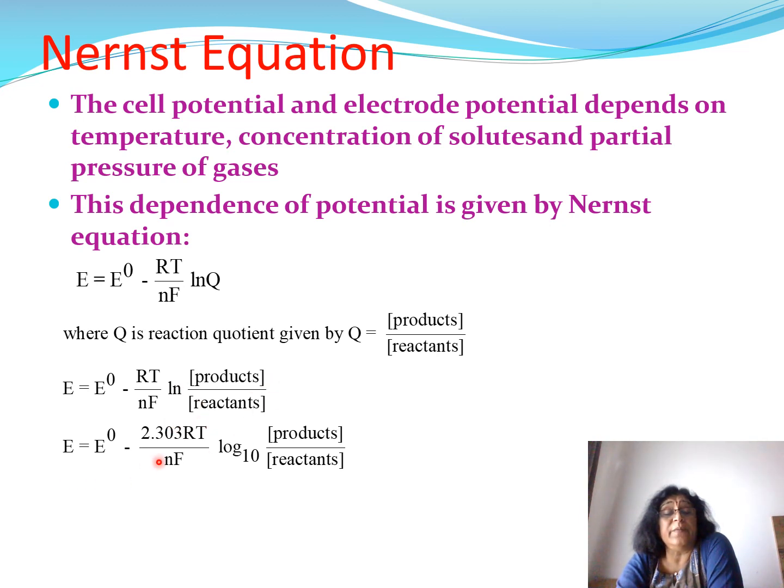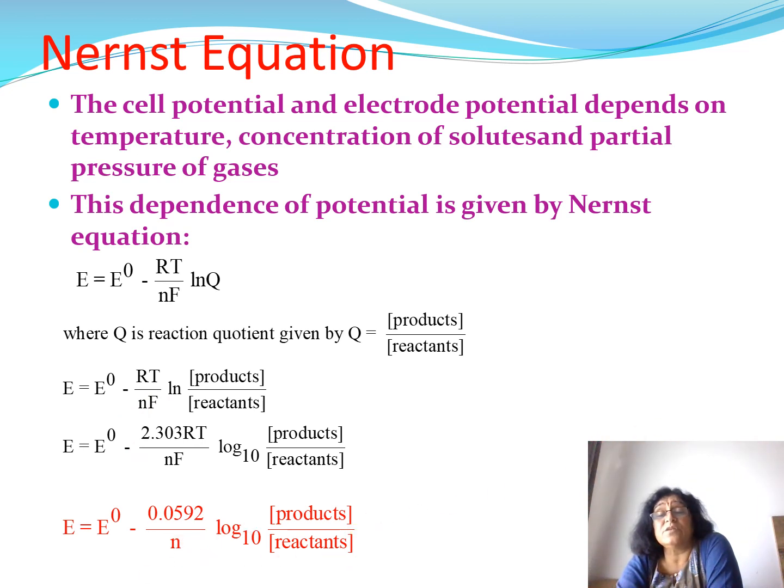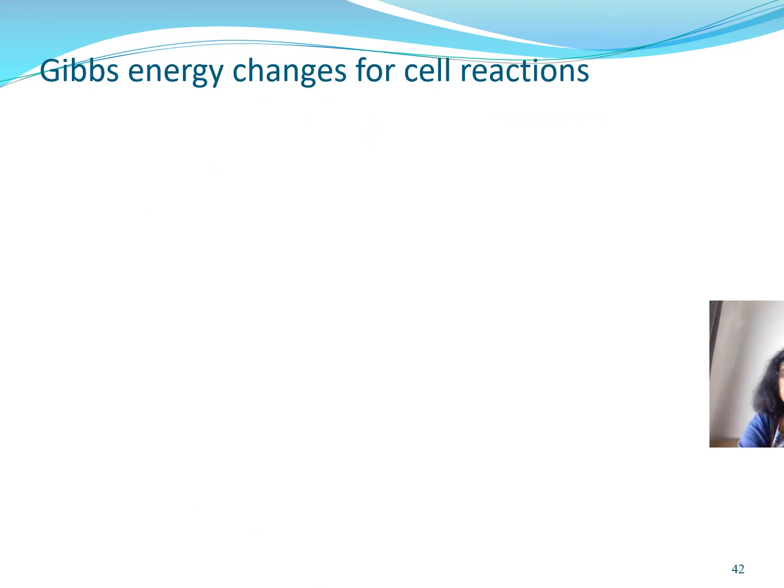E is equal to E naught minus 2.303 RT by NF log to the base 10 products upon reactants. So this is my formula. If you put the values, it comes to E equals E naught minus 0.059 upon N log to the base 10 products upon reactants.